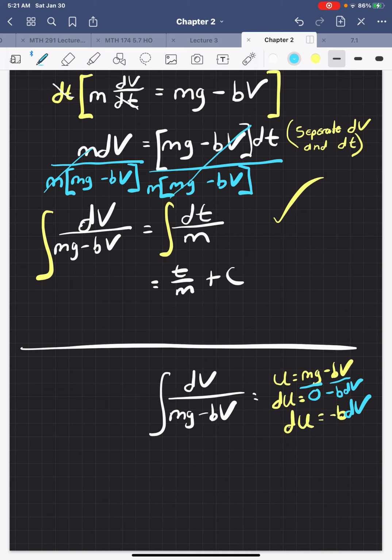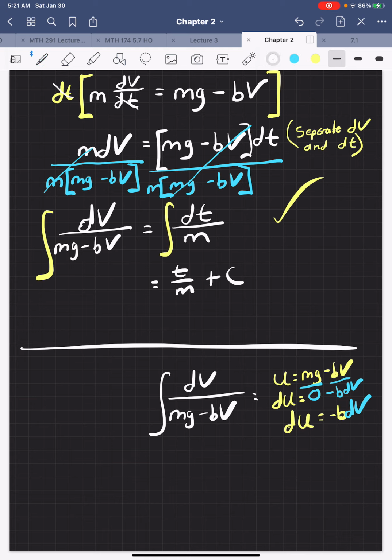Well, clearly, I can now replace this whole denominator with u, but I want to be able to replace this dv with du, right? But I can't, I have the dv, but I don't have the negative b. But that's okay. It's a constant, so I can multiply and divide.